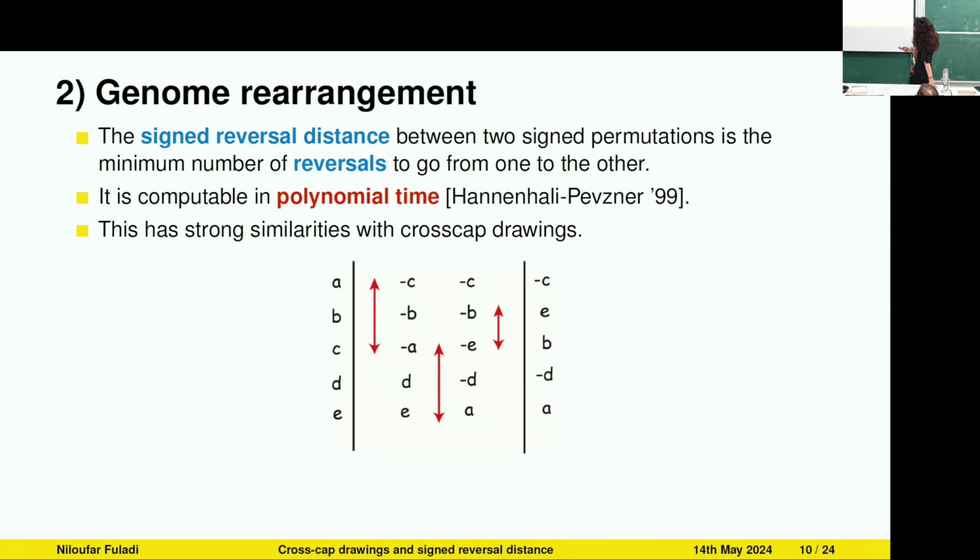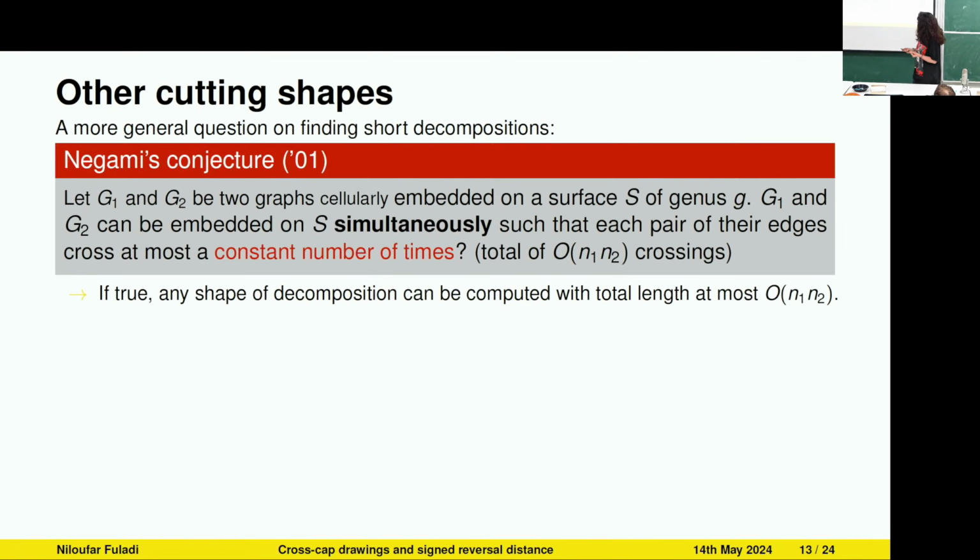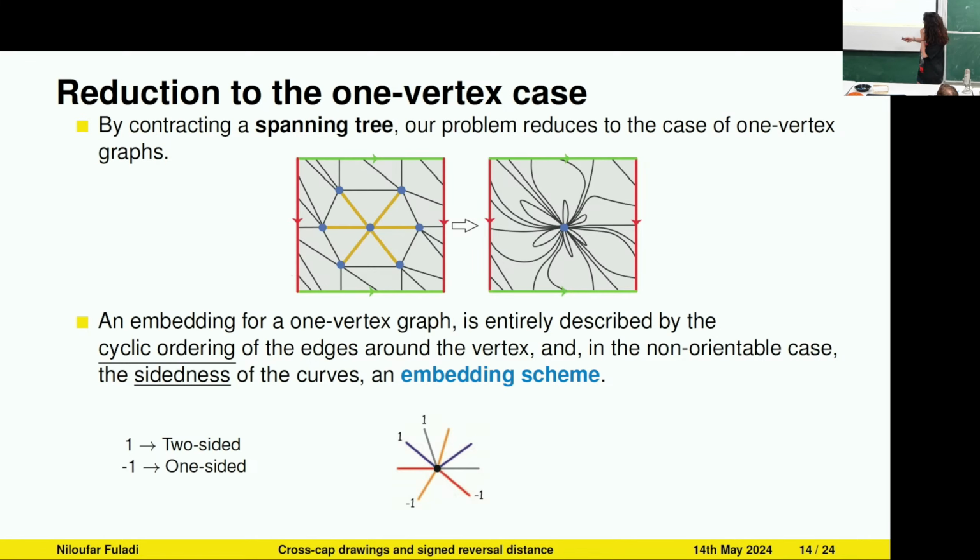The one I told you was for 1 vertex graphs, and for non-orientable surfaces you need these signatures to tell you about the sidedness of the curves. But you can have this for multiple vertices. Your edges still would have some signatures, but then you have to look at the curves, and the sidedness of a curve would be the multiplication of the signatures of the edges that it consists of. So this is one of the ways to encode.